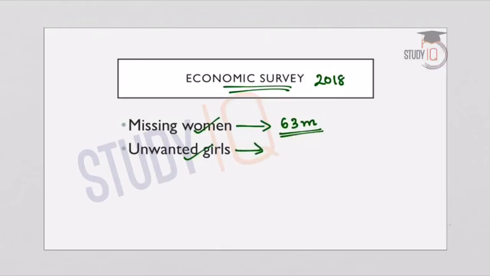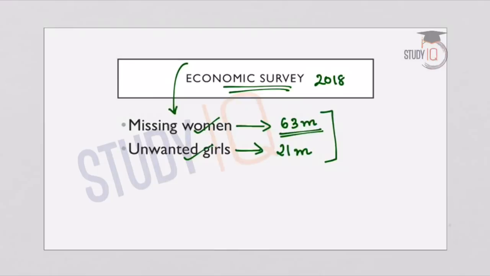Unwanted girls is the second term, and it refers to those families who have female children but wanted to have male children. So they consider the girl child in their family as unwanted, and it accounts for 21 million. So these are the important facts highlighted in Economic Survey 2018.